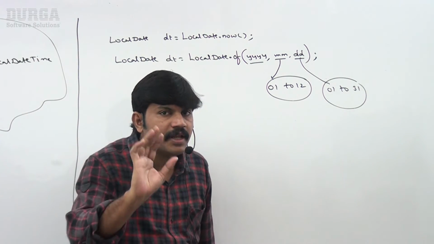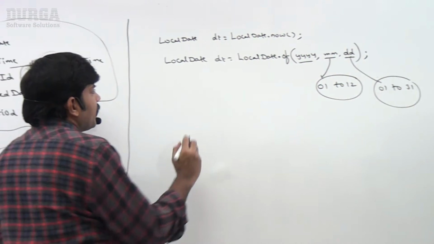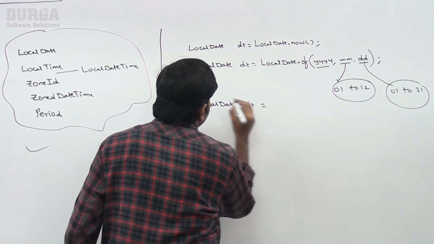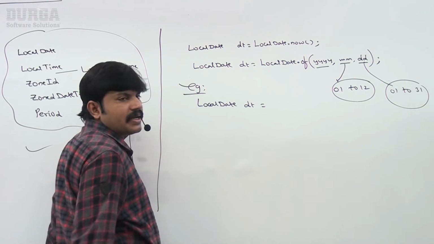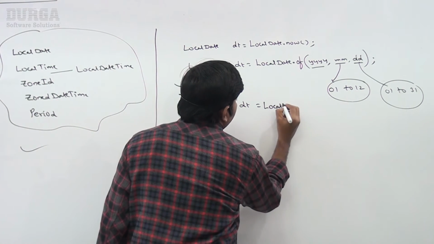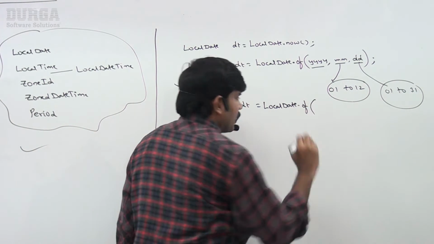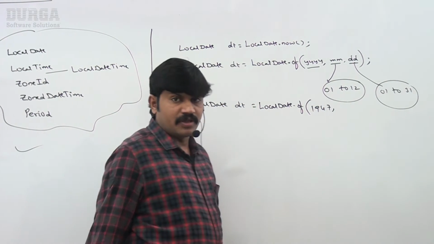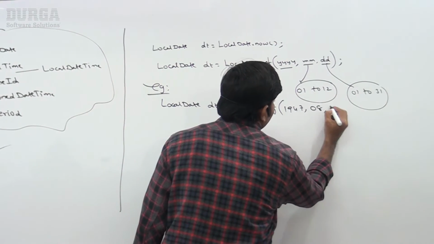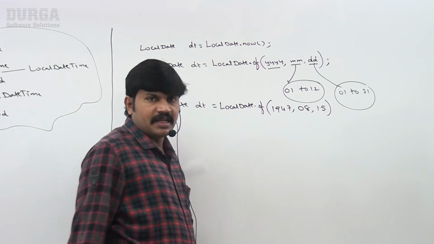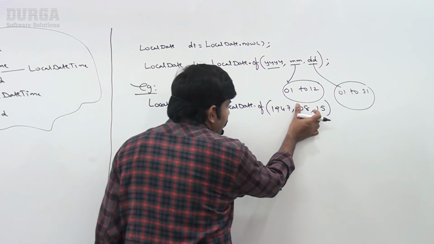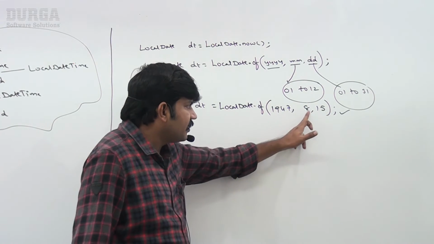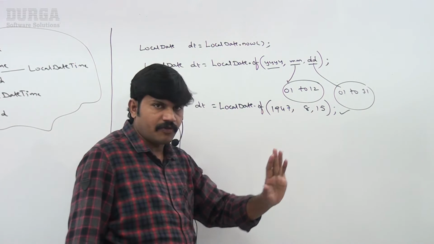Any doubt about this one, sir? Please observe very carefully. Suppose I'm taking one example, LocalDate dt = LocalDate.of(1947, 08, 15). 100% it is valid, August 15th 1947, right?